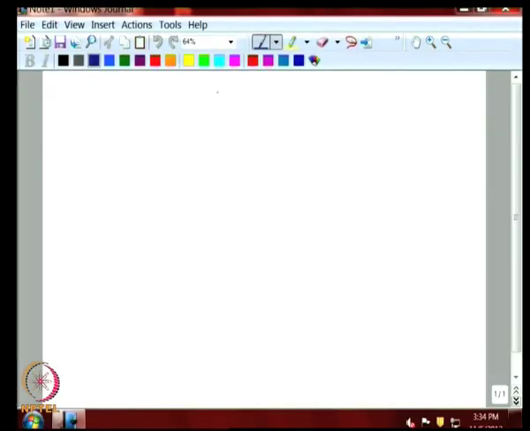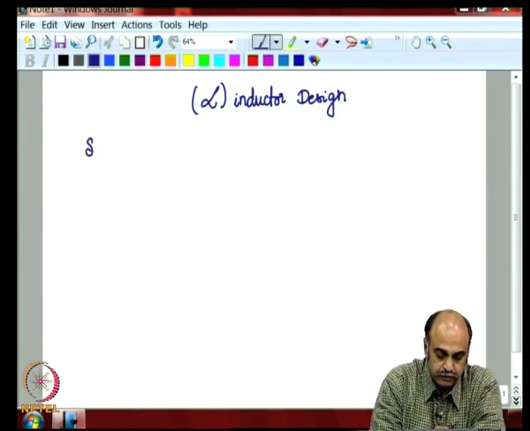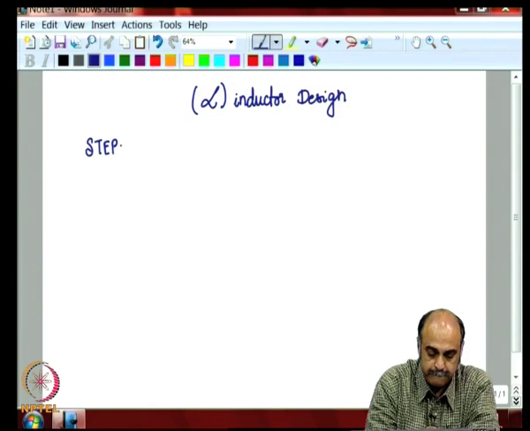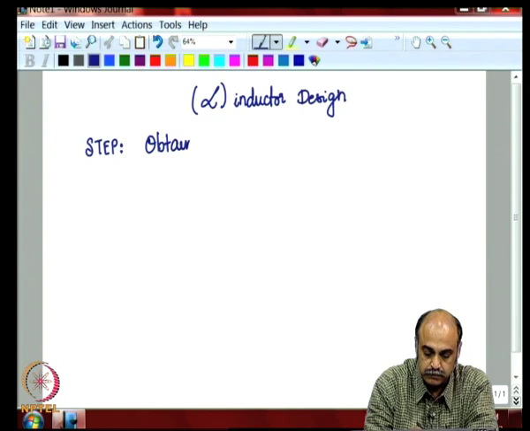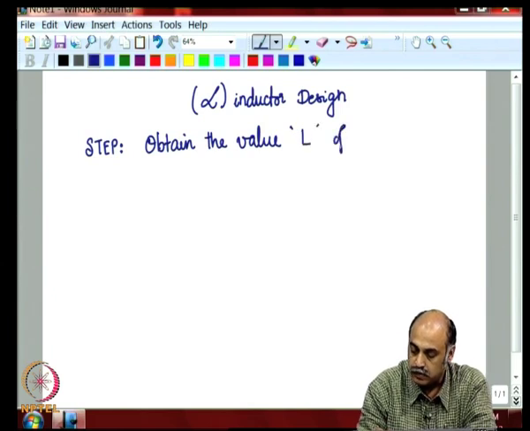So, let us consolidate the inductor design. Step 1: obtain the value L of the inductor.